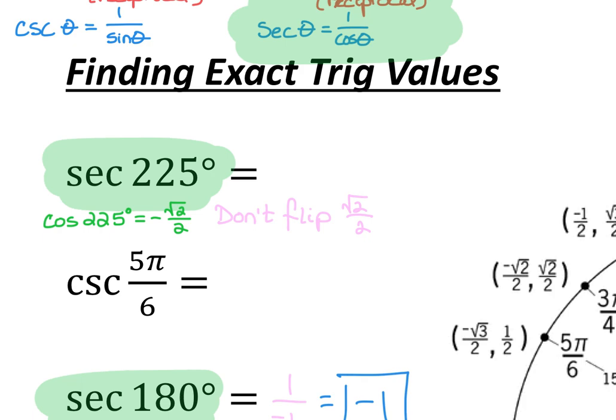And can I start with, if the number that you're flipping is negative, your answer is going to be negative. So we know that our answer to secant 225 is going to be negative. It's an angle in the third quadrant. Secant is negative in the third quadrant. That's your all sad turtles cry. And so let's just set the negative and talk about the flipping.